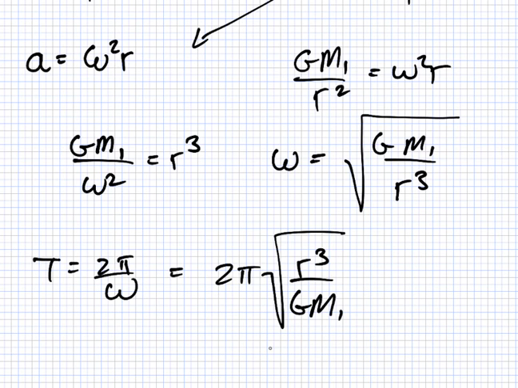What's the radius? It's 1740 kilometers plus 95 kilometers over g. And then what's next?